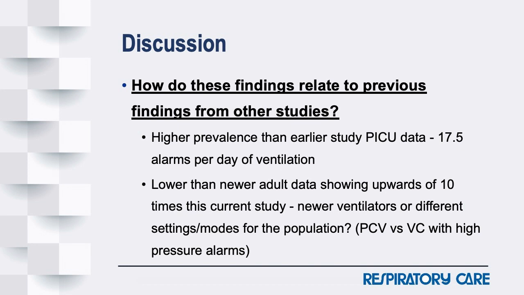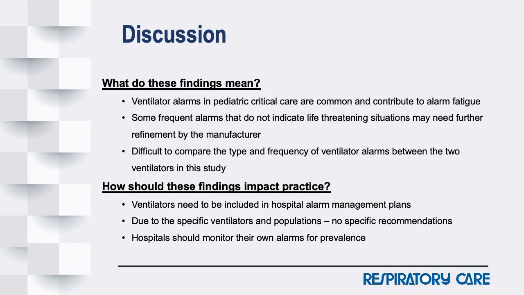So what do these findings mean? What do they tell us? In a nutshell, you've heard this: ventilator alarms are common, and they probably contribute to alarm fatigue. Some of the frequent alarms are probably not indicating life-threatening situations, and they probably need to be looked at for refinement from manufacturers.